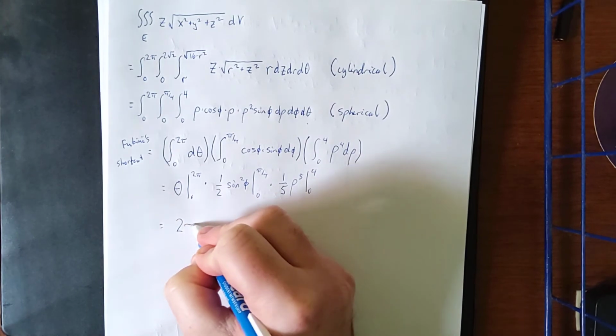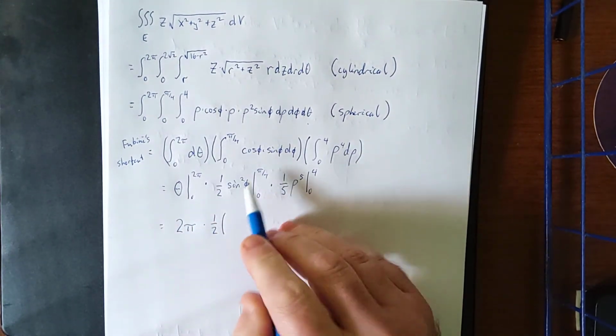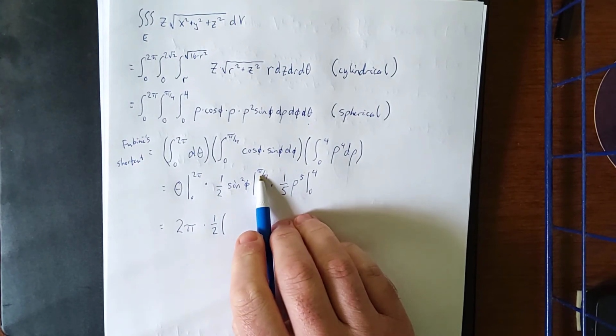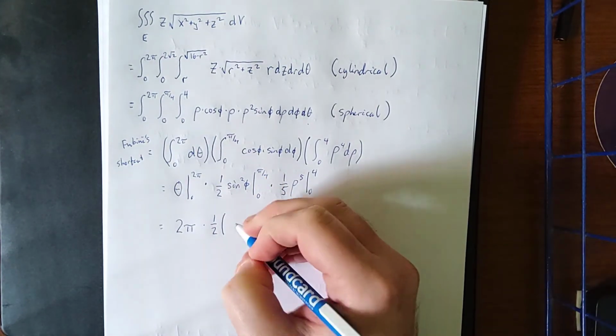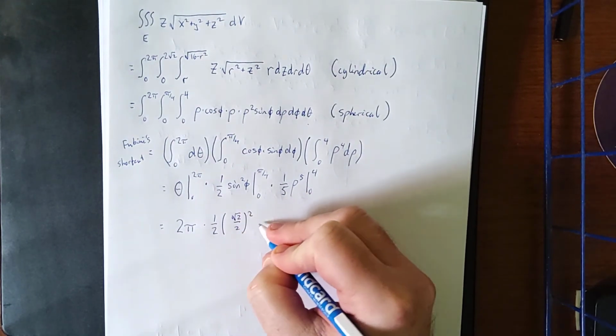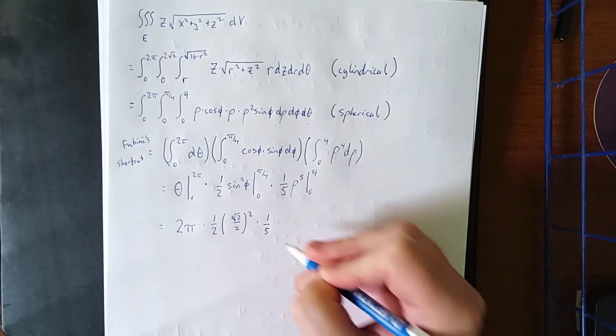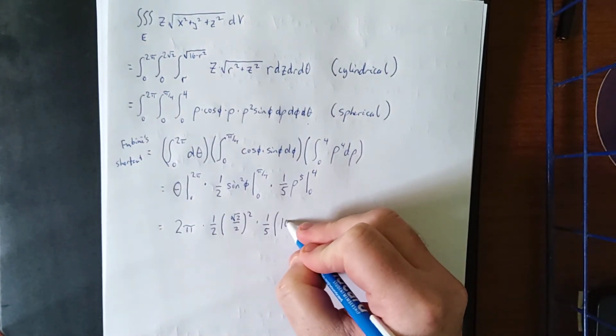Plugging in these bounds, we have 2 pi times 1/2 times sine of pi over 4 is going to be root 2 over 2, and sine of 0 is going to be 0. So root 2 over 2, quantity squared, and that's all we need. We'll also have 1/5 of 4 raised to the 5th power.